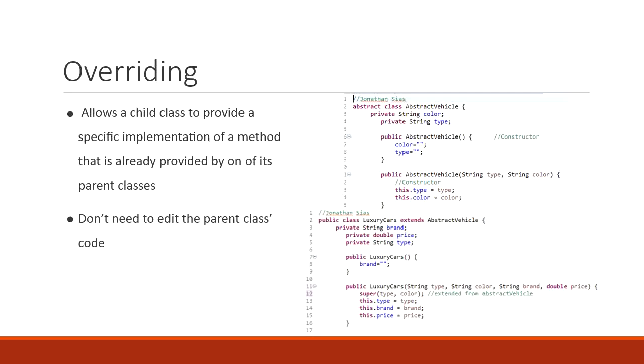Some advantages to overriding is that we don't need to modify the parent class. Since we already extended, we don't need to touch it, and it provides multiple implementations of the same method and can invoke the parent class overridden method using the super keyword, as seen in line 12 and the bottom of my code picture.